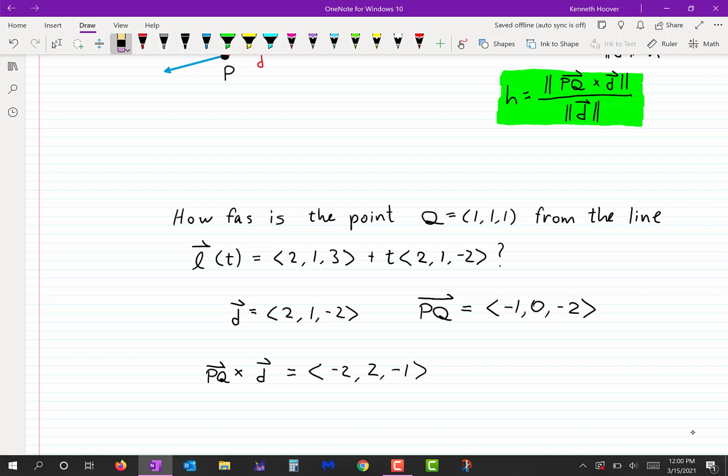What's the magnitude of PQ cross D? That's the square root of negative 2 squared plus 2 squared plus negative 1 squared. So that would be 4 plus 4 plus 1, which would be 9. That's 3. What's the magnitude of D?